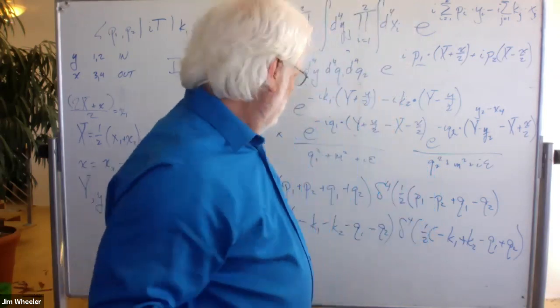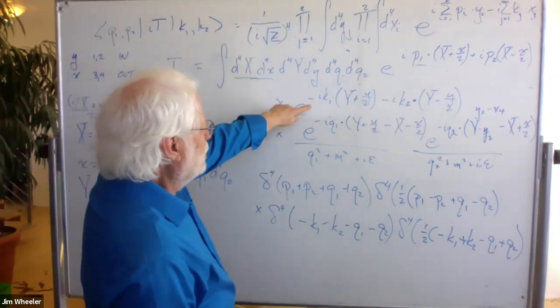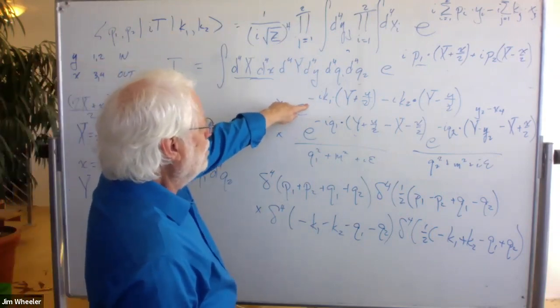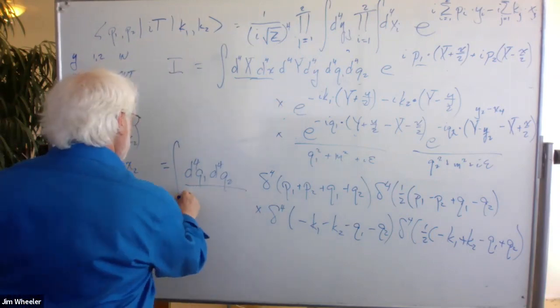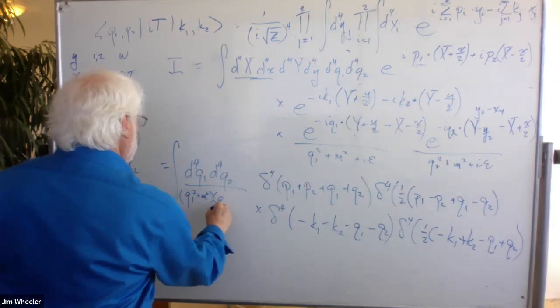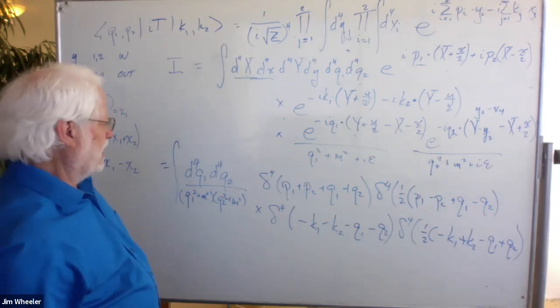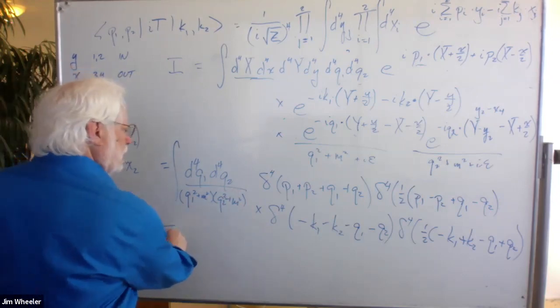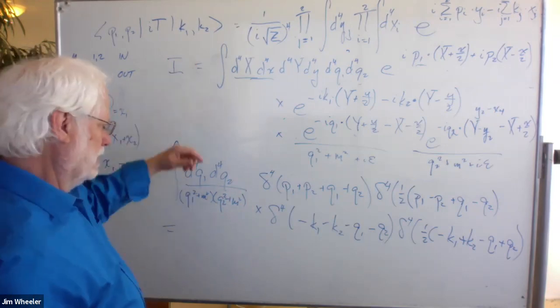Yeah, all right, I'm going to press ahead with this. So what have we got? Have we integrated all of these exponentials? So we still have the propagators q1 squared plus m squared, q2 squared plus m squared. We still have those factors. So now we integrate over, say, q1.